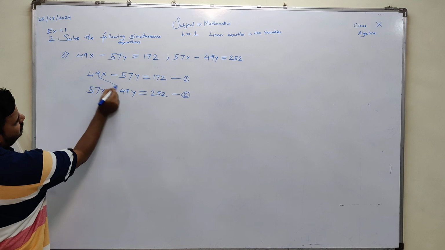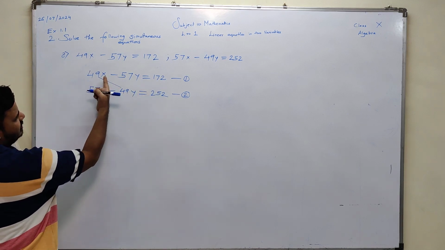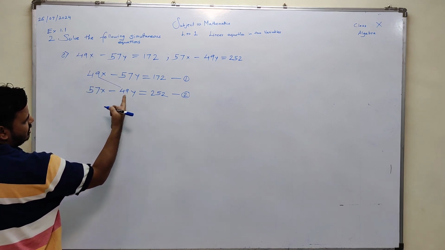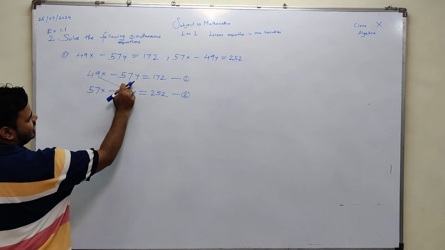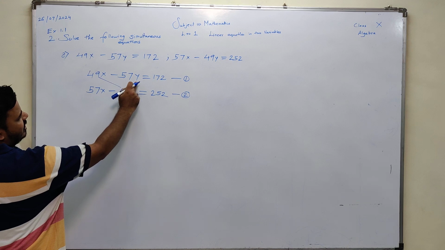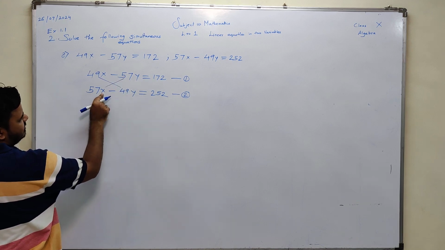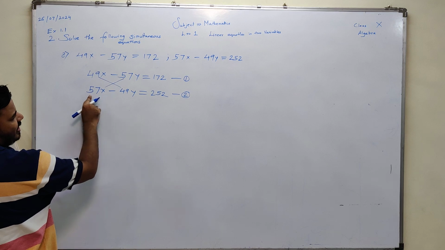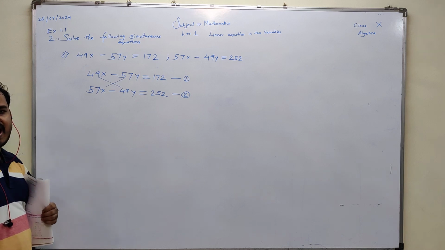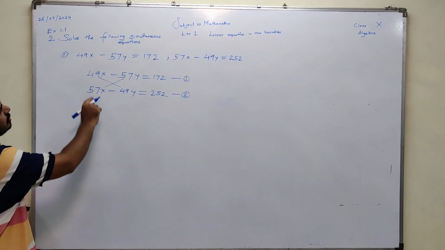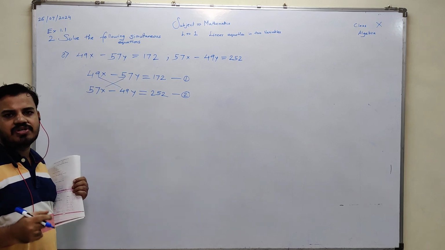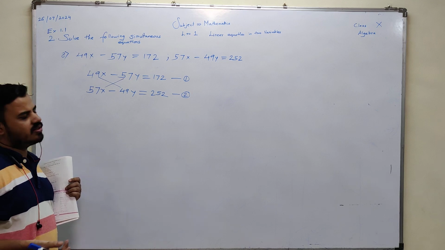You can see here 49 in the first equation is the coefficient of variable x, and in the second equation it is the coefficient of variable y. Also, if you carefully observe, 57 is the coefficient of y in equation number 1 and 57 is also the coefficient of x in equation number 2. So in such cases, whenever you find such an example, you simply have to add the equations one time and subtract the equations one time.